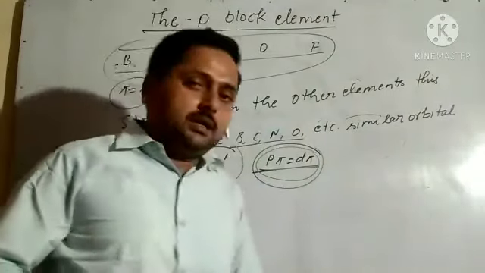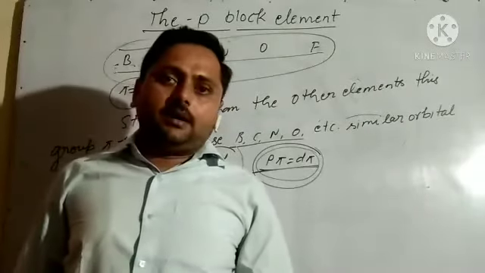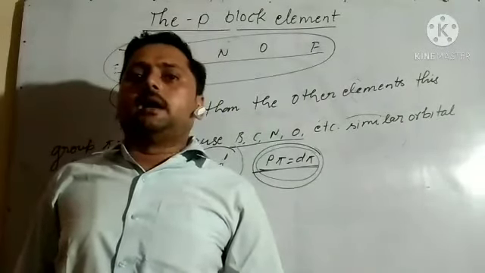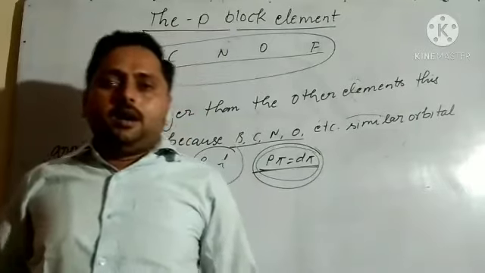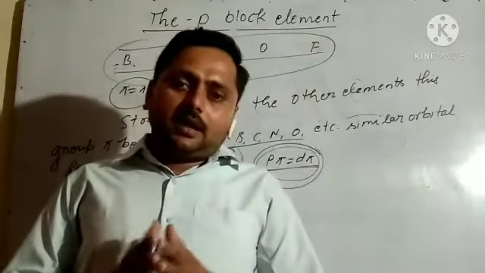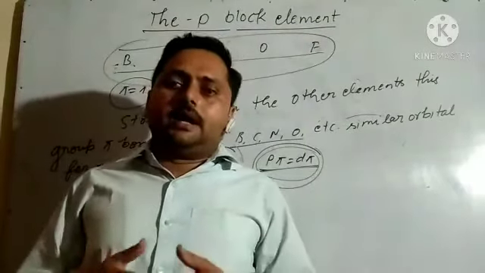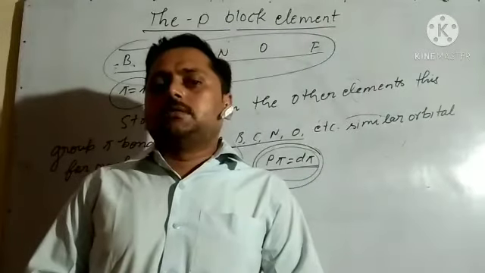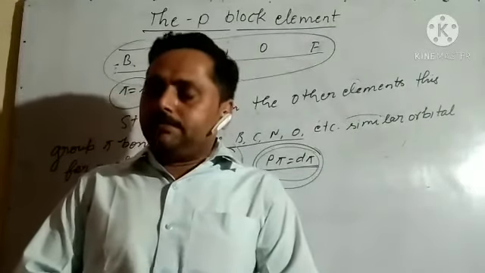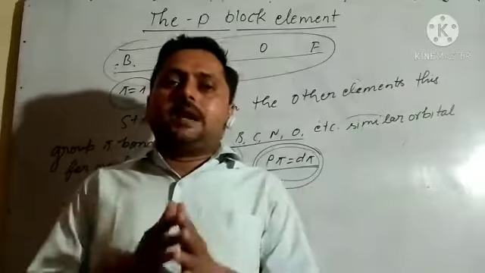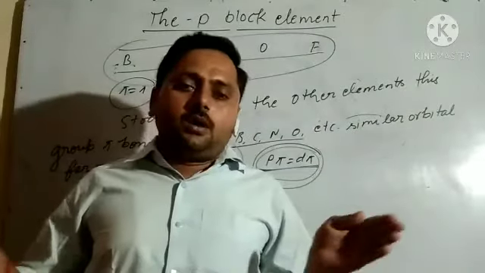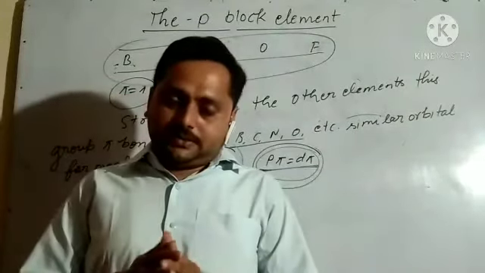The pi bond formed by the first elements of the p block is stronger than the pi bond formed by the other elements of the group, because the first member uses the same orbitals for overlapping, so proper overlapping takes place.